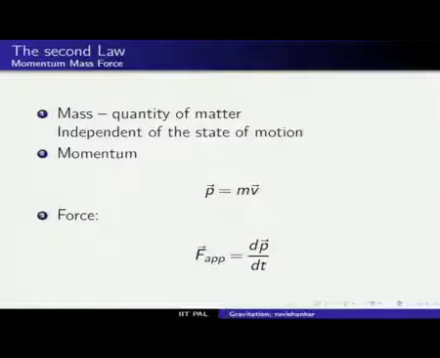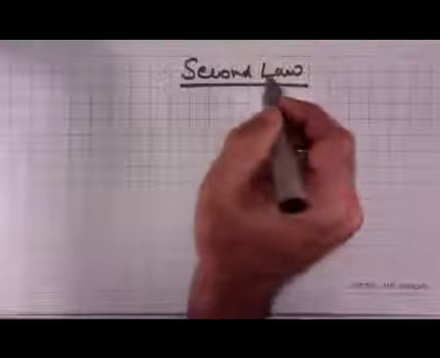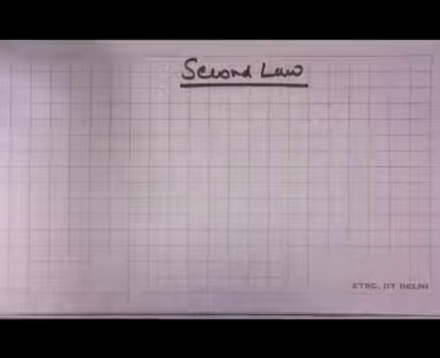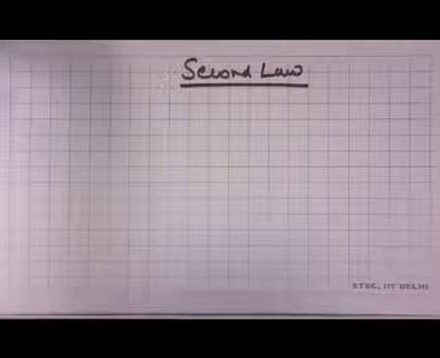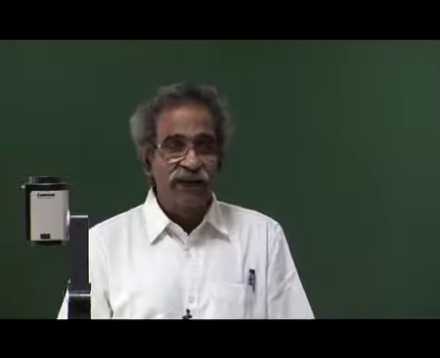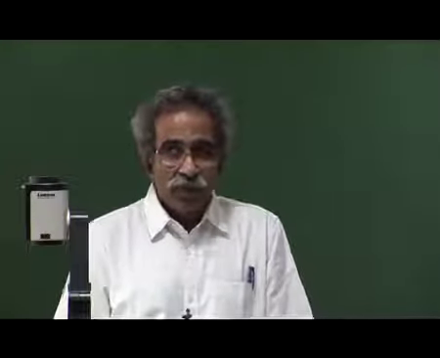Now we come to the second law. The second law requires a large number of concepts, which again combine kinematics with dynamics. But apart from kinematics, the second law requires a very, very important concept called mass.